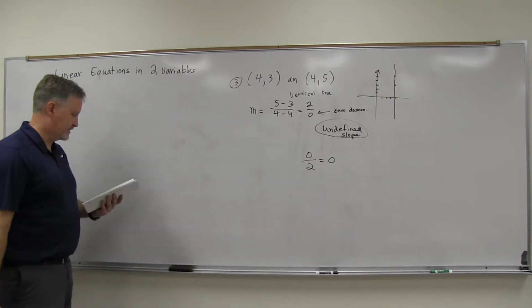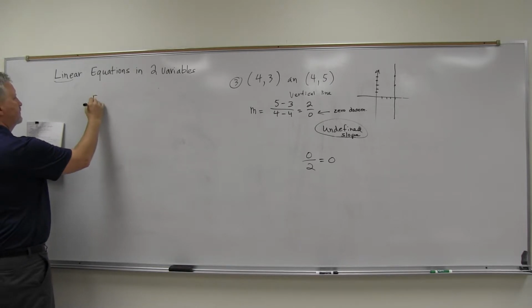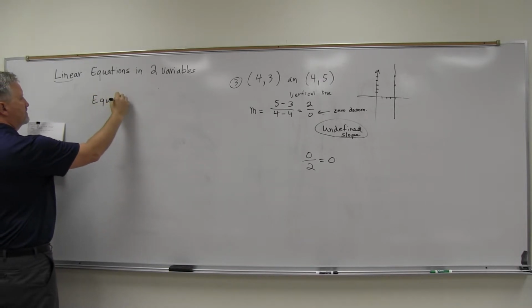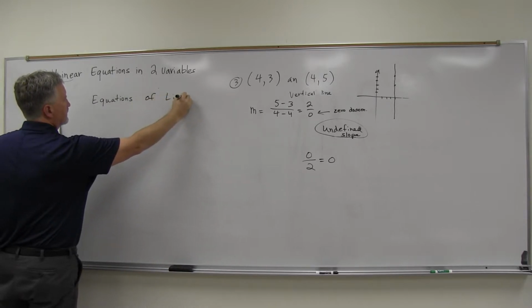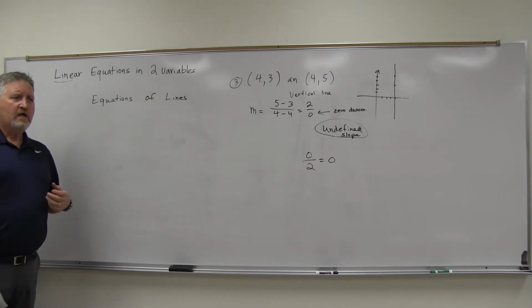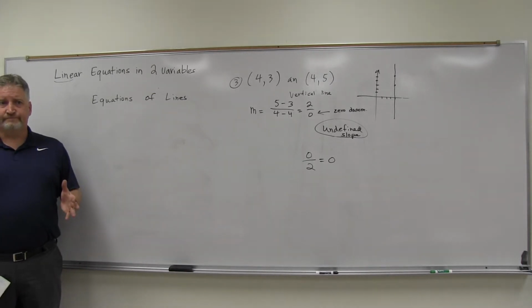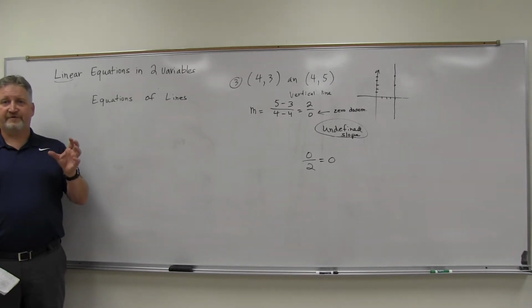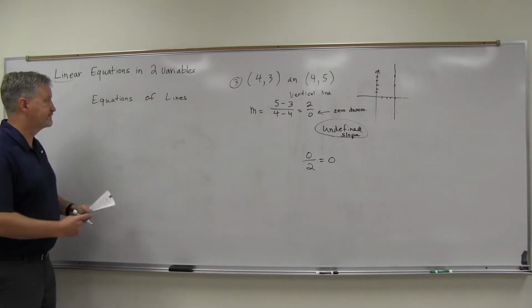Moving along. Okay, so let's talk about the equations of lines. We looked at the three examples of linear equations. Well, it turns out equations of lines have many forms. I like to focus on one form, and that is the slope-intercept form.